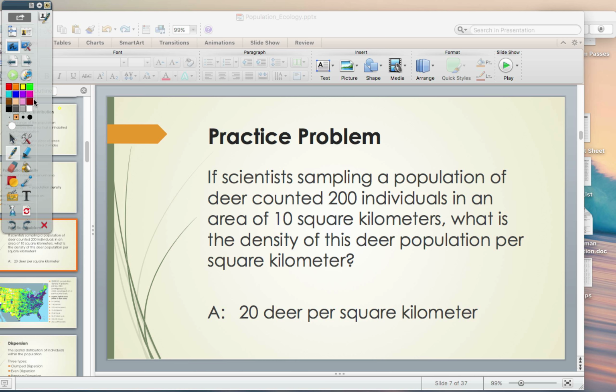Remember that we have our formula saying the number of individuals we found divided by the area. So here we have our number of individuals found is 200 divided by the area that we searched, which was 10 kilometers squared.